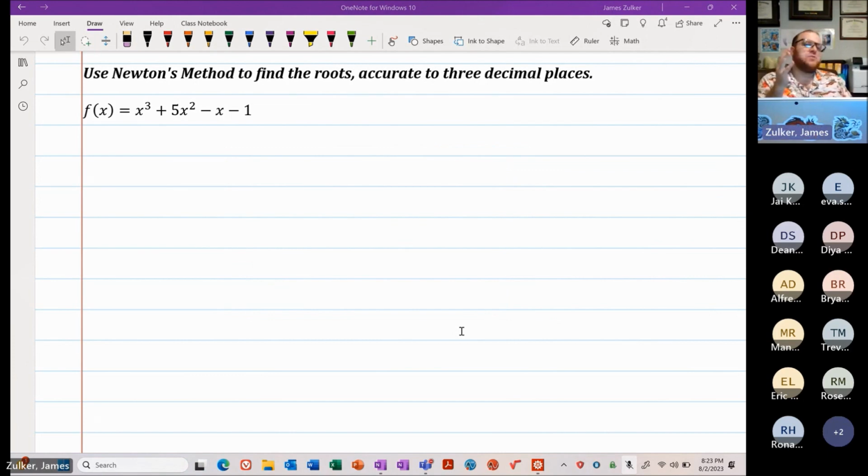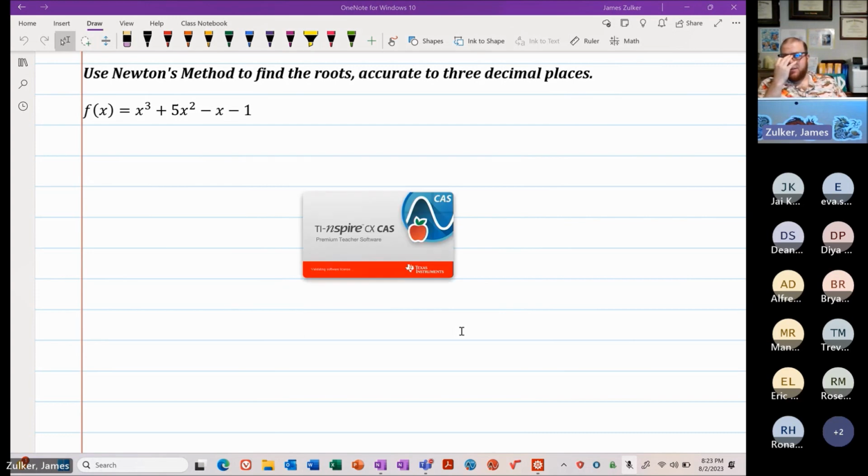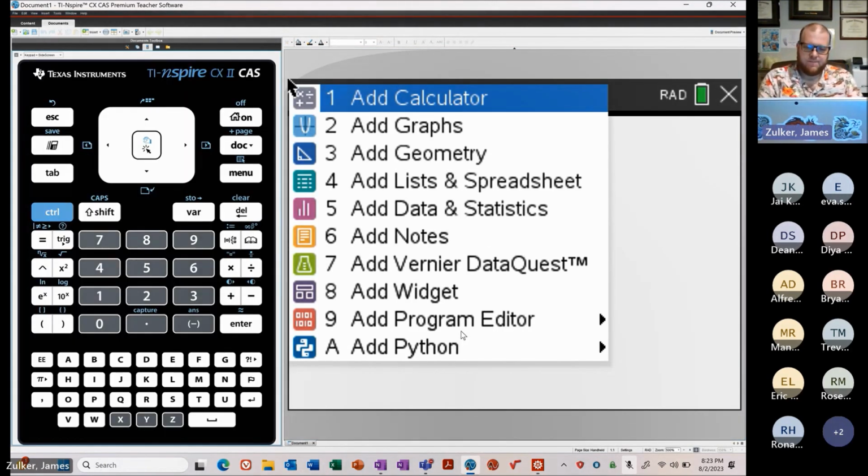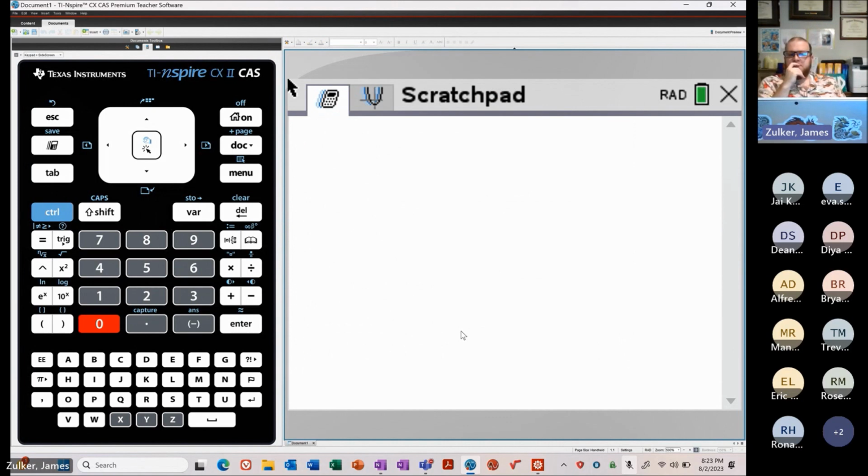Okay, so again, I'm using the TI Nspire CX CAS. All right. First thing we're going to want to do is look at a graph.